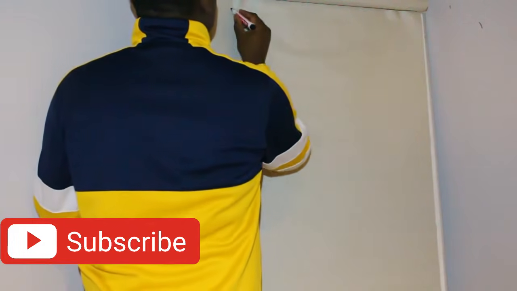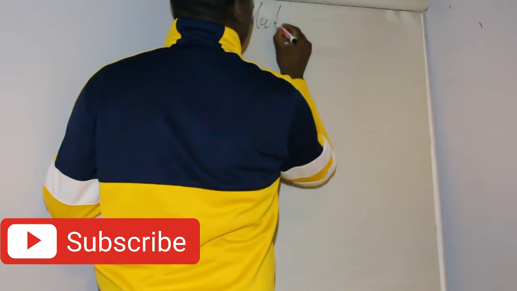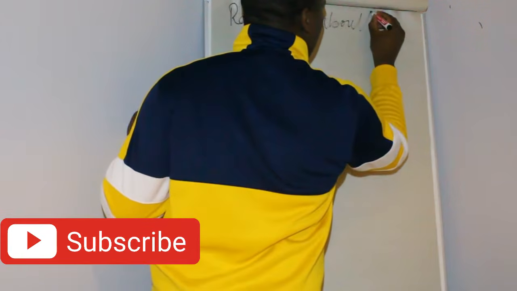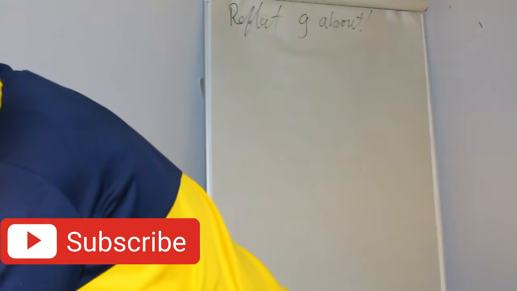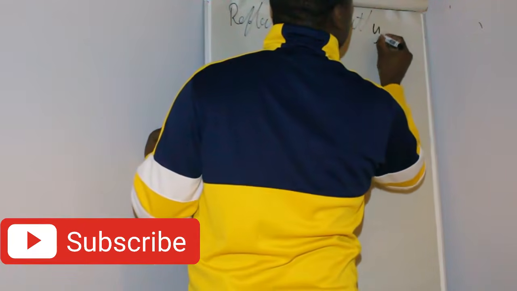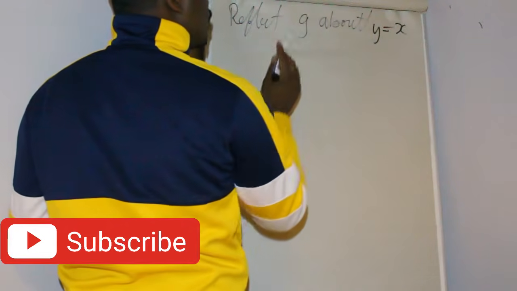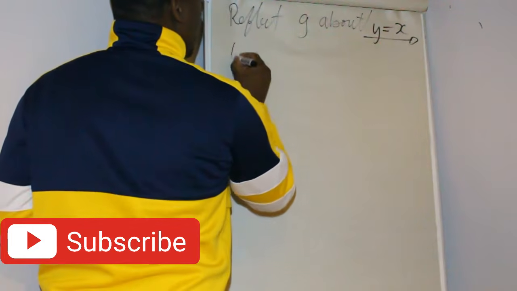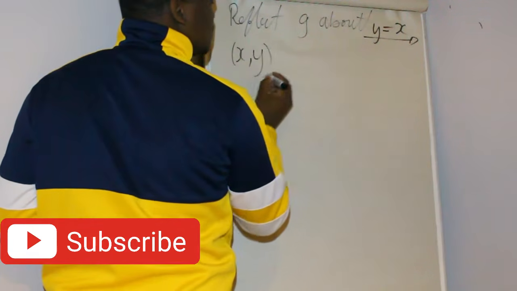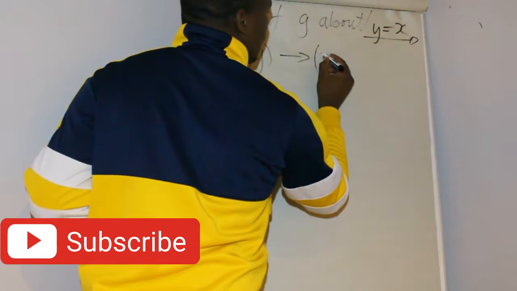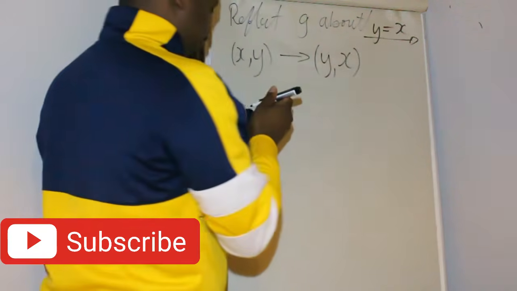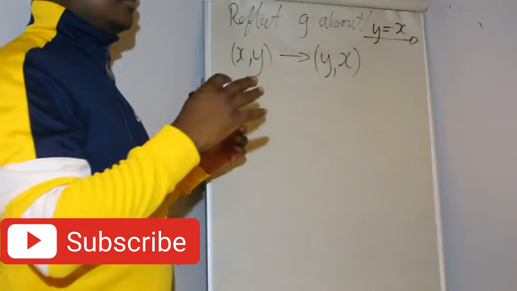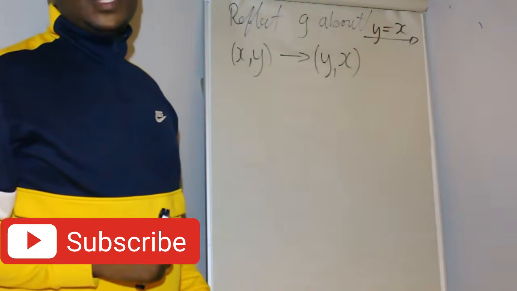So you reflect your function g about this line y is equal to x. When you are reflecting your function about this line, your x and y coordinates become y and x. Which means your function will have x and y coordinates swapping.